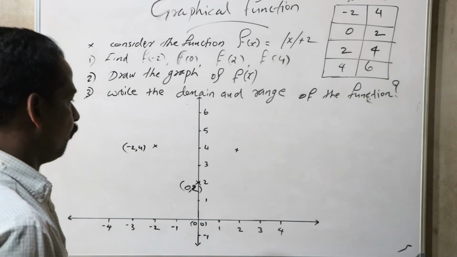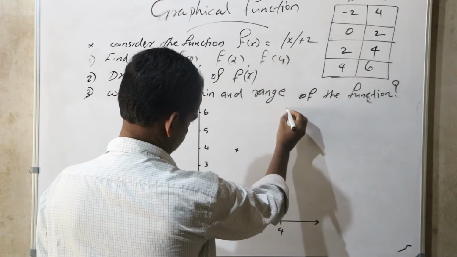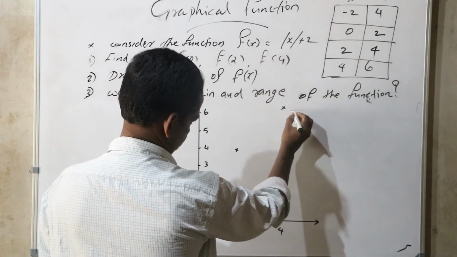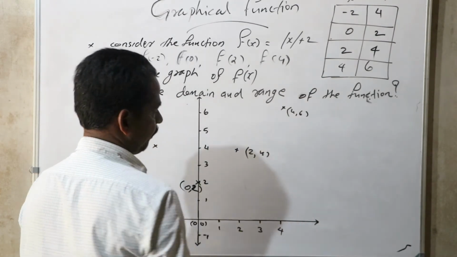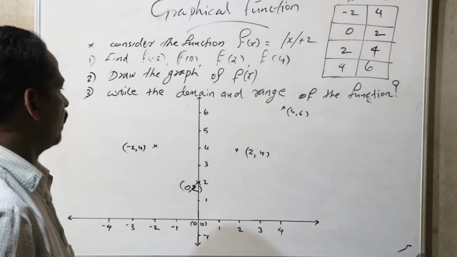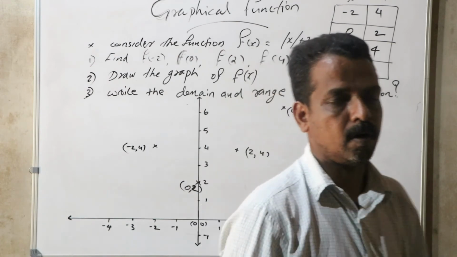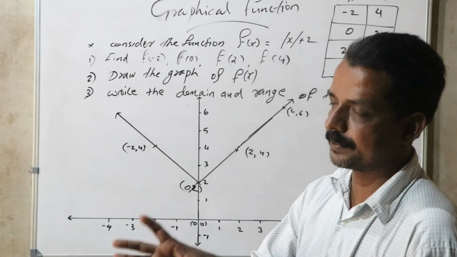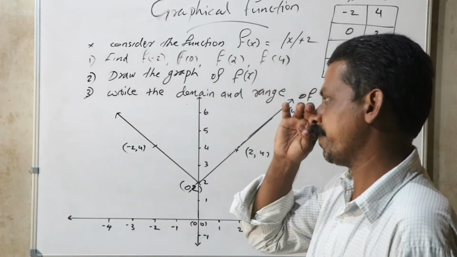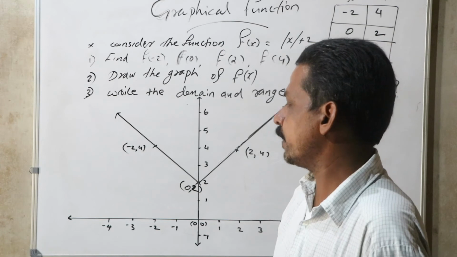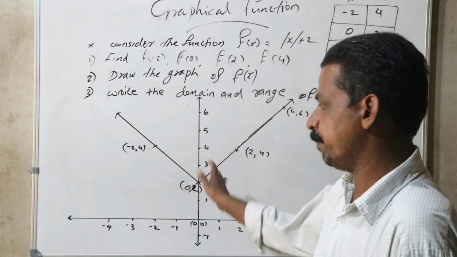And then the next, 4, 6. Okay. To draw a graph, we need 4 or 5 ordered pairs. We have 4 ordered pairs, so we draw the x-axis and y-axis, then we find the points and connect them.